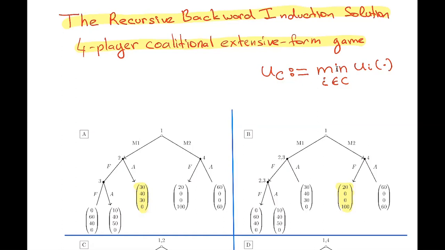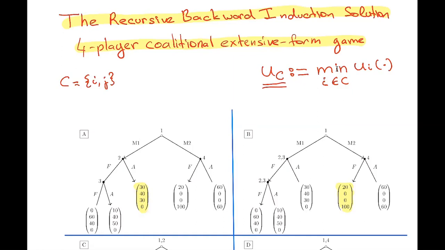Okay, so coalition forming is defined as follows. If some players I and J decide to form a coalition C, so if C is equal to I and J, then they each become an agent of this coalitional player C. So their choices are guided by the utility function of player C, which is given by UC.